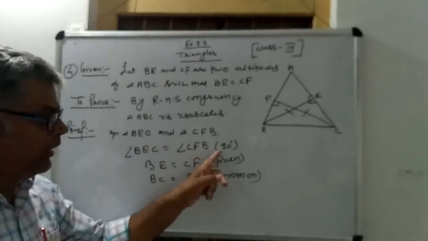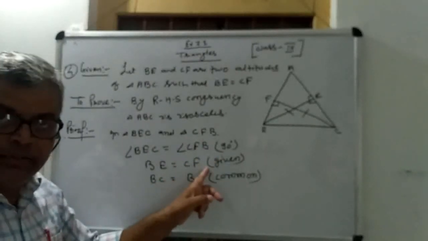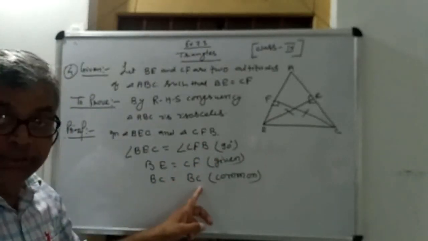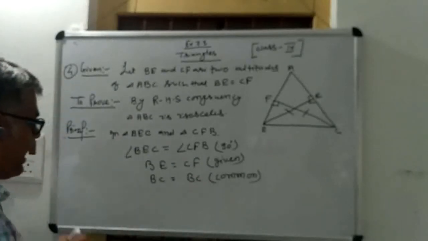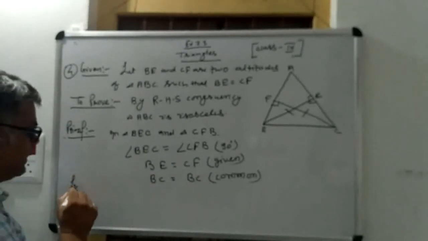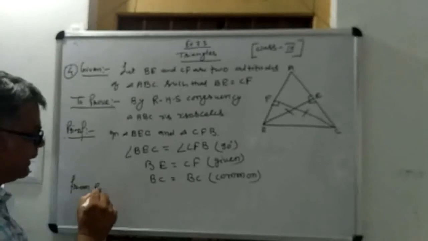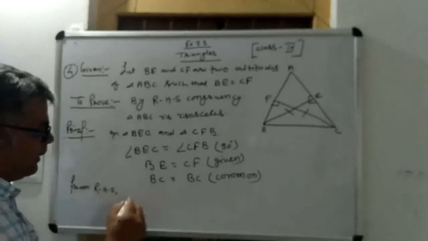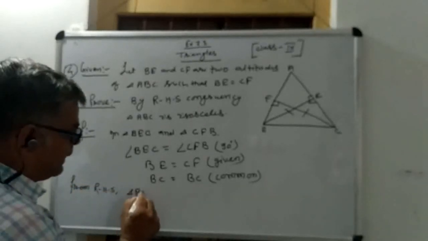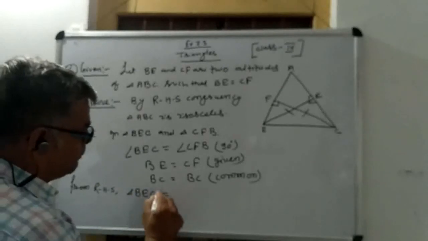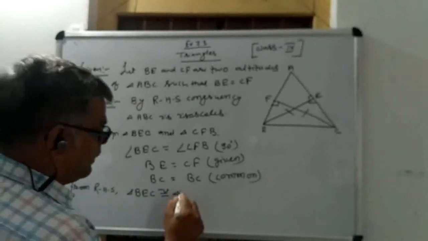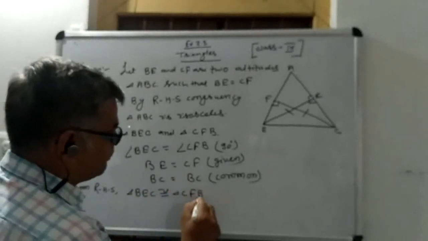This is the right angle, this is one side, and this is the hypotenuse. So from RHS, triangle BEC becomes congruent to triangle CFB.